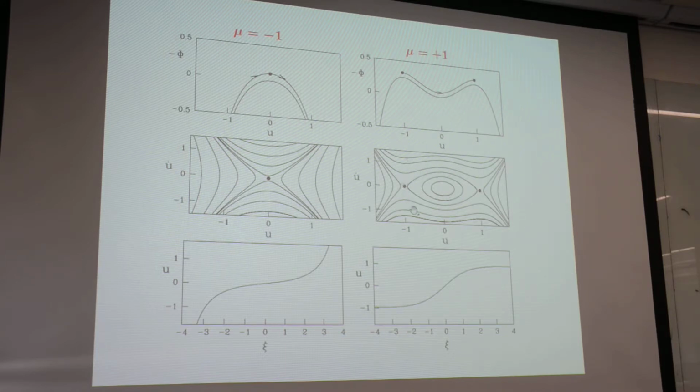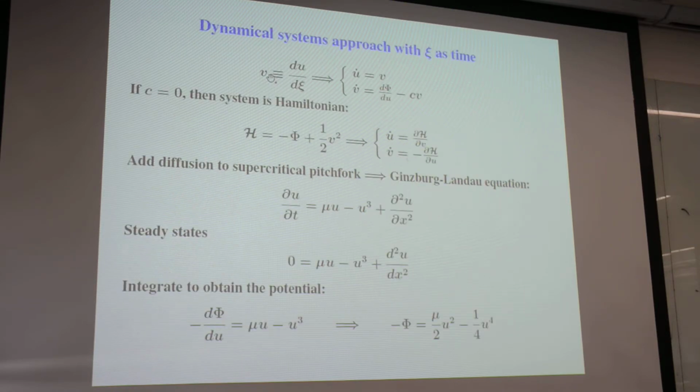Okay, so let's discuss the kind of trajectories you have and what they mean. What they mean is written here. You remember I told you that the potential was now going to be opposite. This is minus phi, which has a minus u to the 4th. And we need that as our potential.